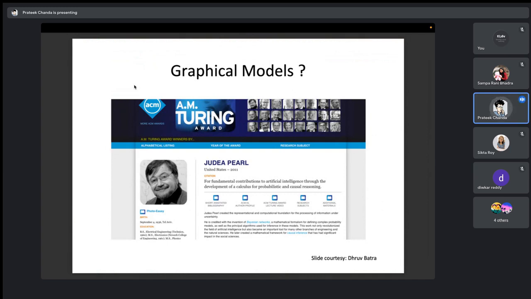So, you probably know about the ACM Turing Award, which is like the Nobel Prize for computer science. And one renowned researcher called Judea Pearl, who works primarily on causal reasoning and probabilistic graphical models, is one of the pioneers in graphical model research and setting up the path for it.